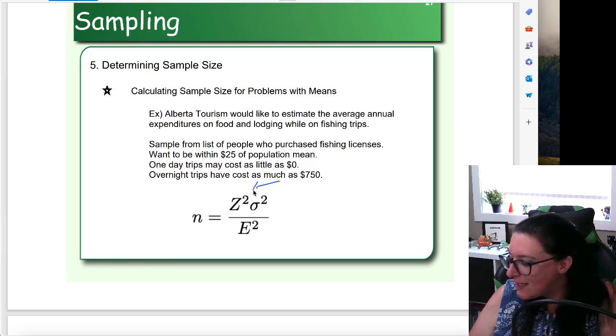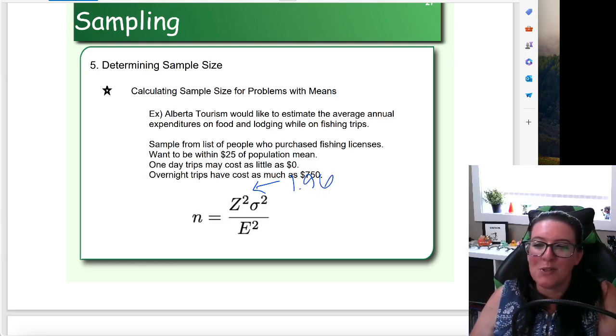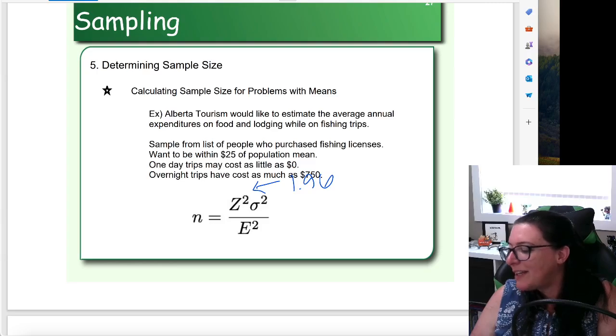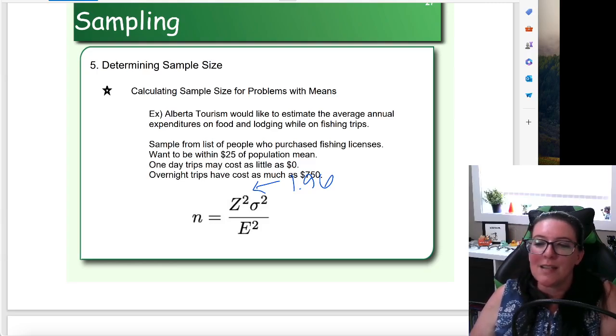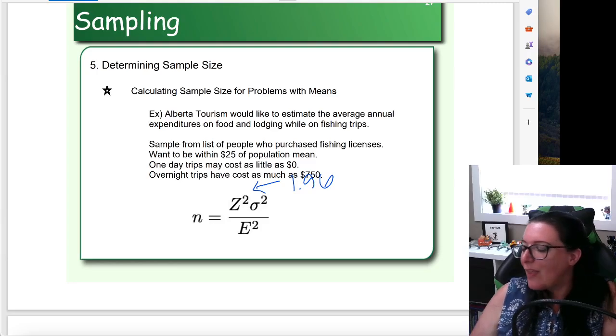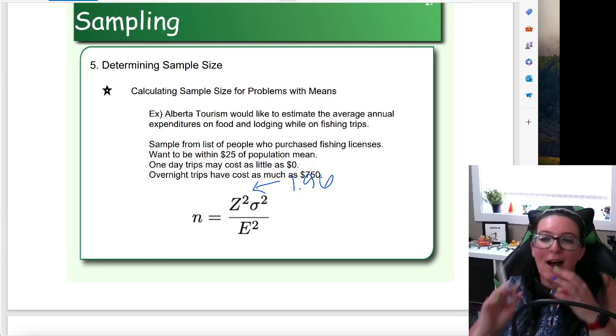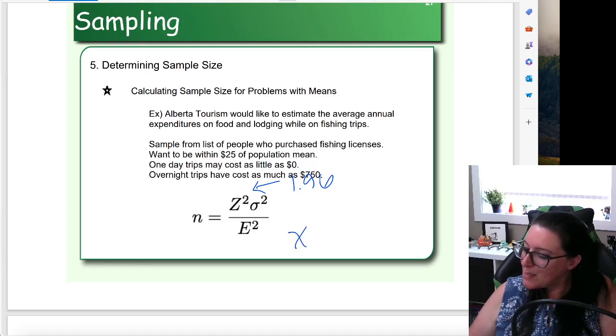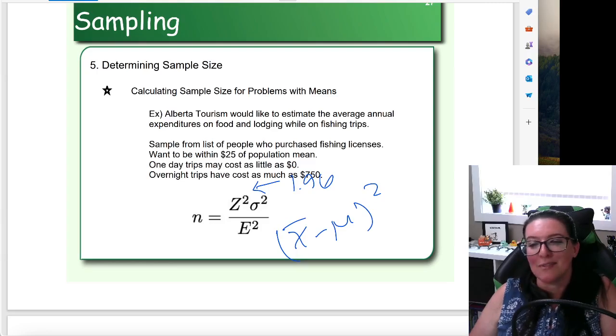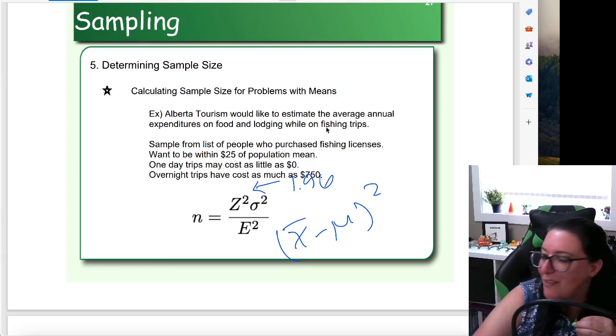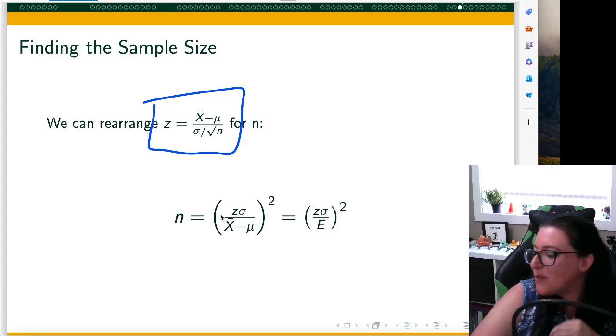You know that this is our 1.96 if we are going to be 95% confident. And then E squared is that amount of sampling error that we are willing to have, how far that x bar minus mu can be, and then of course squaring that difference. So all of this comes from rearranging this formula that you've already seen.